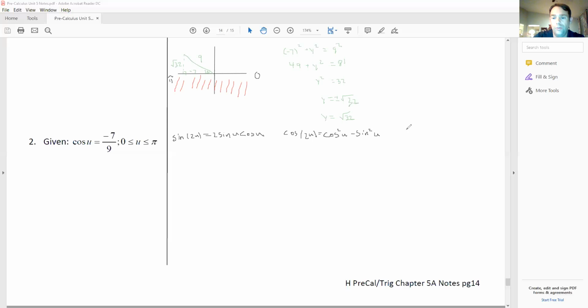And tangent 2u would be 2 tangent u over 1 minus tangent squared u.